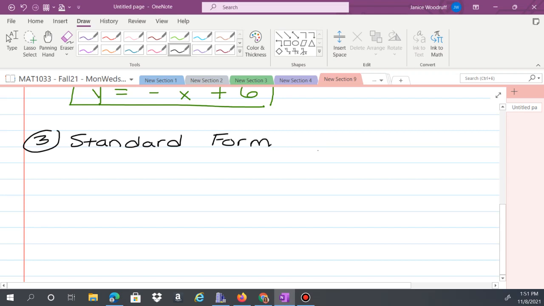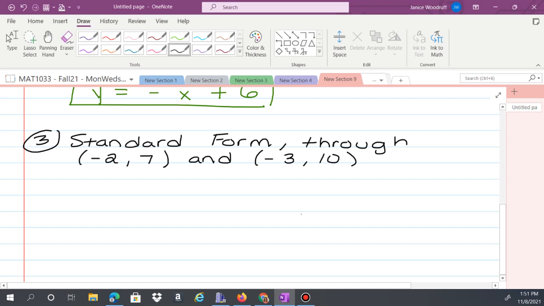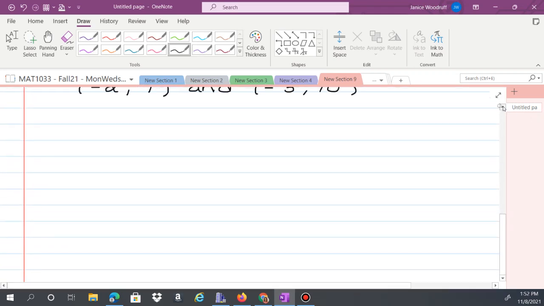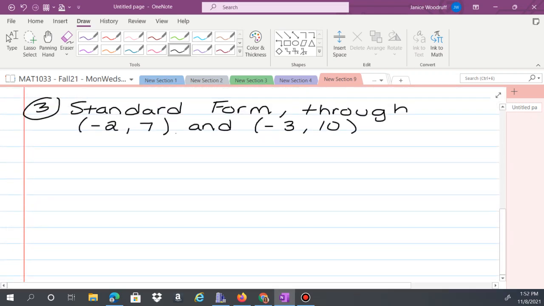So we're going to do through 2 points. Okay, so through 2 points. So we've got to find the slope of the line. All right, so find the slope.